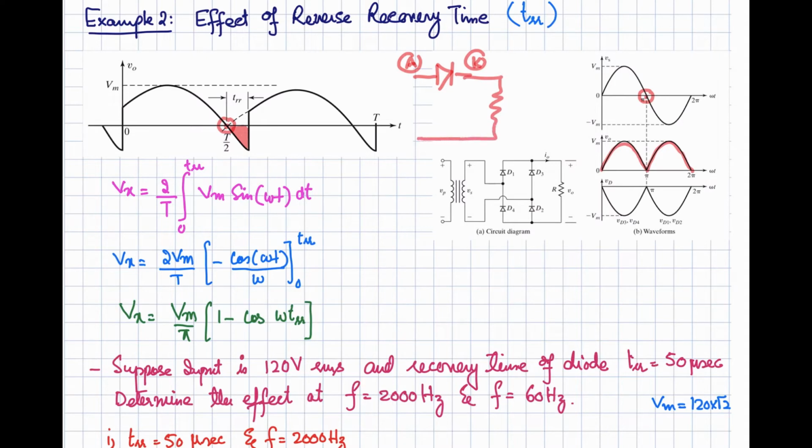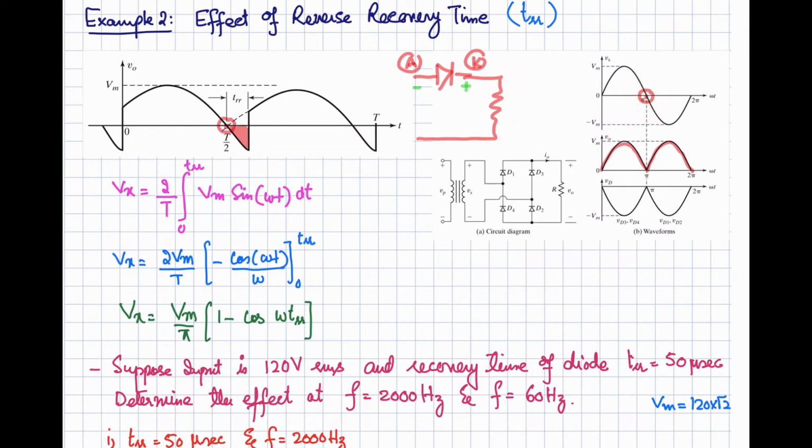If we consider this circuit, even though the anode voltage has become negative with respect to the cathode, your diode is conducting, so that's why this negative voltage is appearing across the load. The load will be experiencing some portion of this negative voltage, and that is going to cancel out some portion of the positive part. So the net effect will be the loss of voltage.